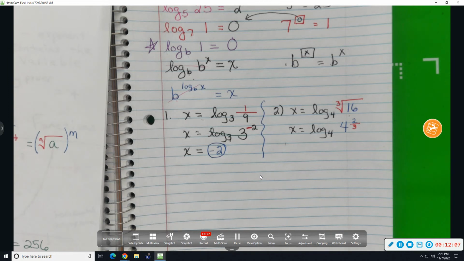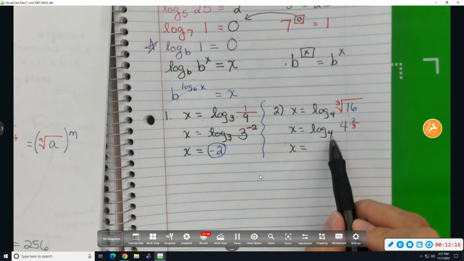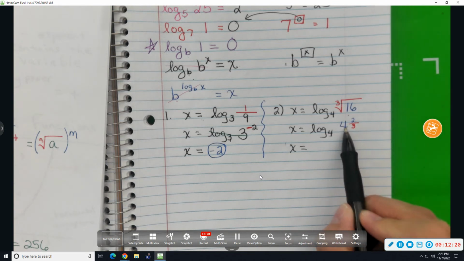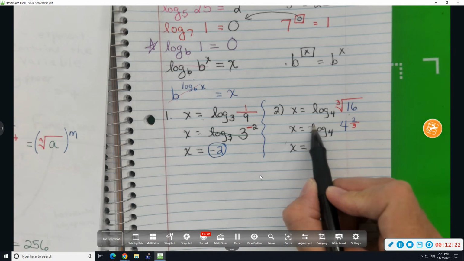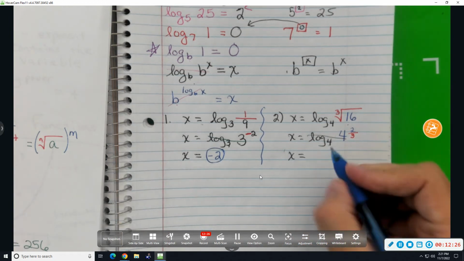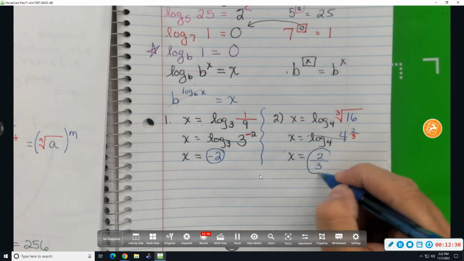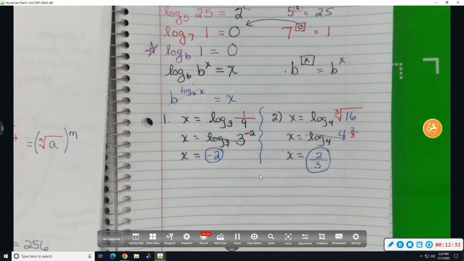And our goal is to just have x equals a number, not to have any of that log written there. If I have the same small base and large base, I can cancel all of that out. And I'm left just with that 2/3. These problems are rigged to work out.